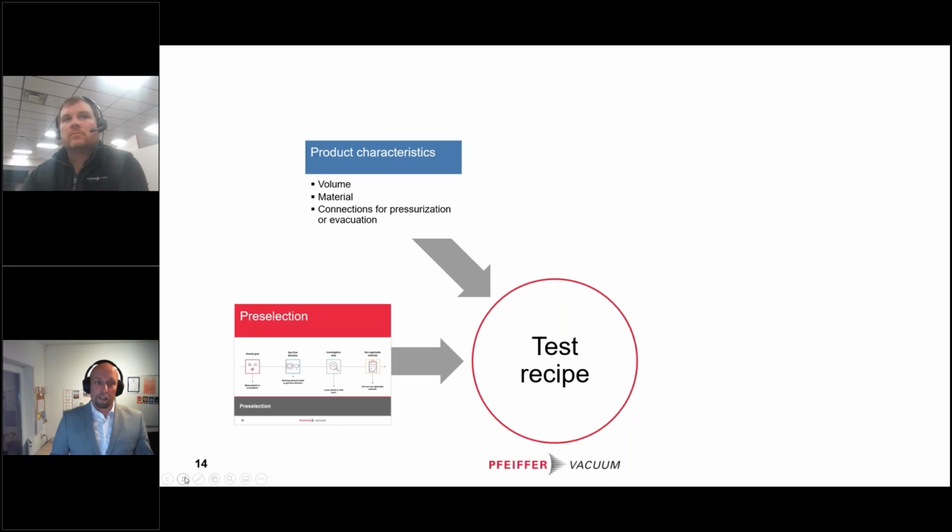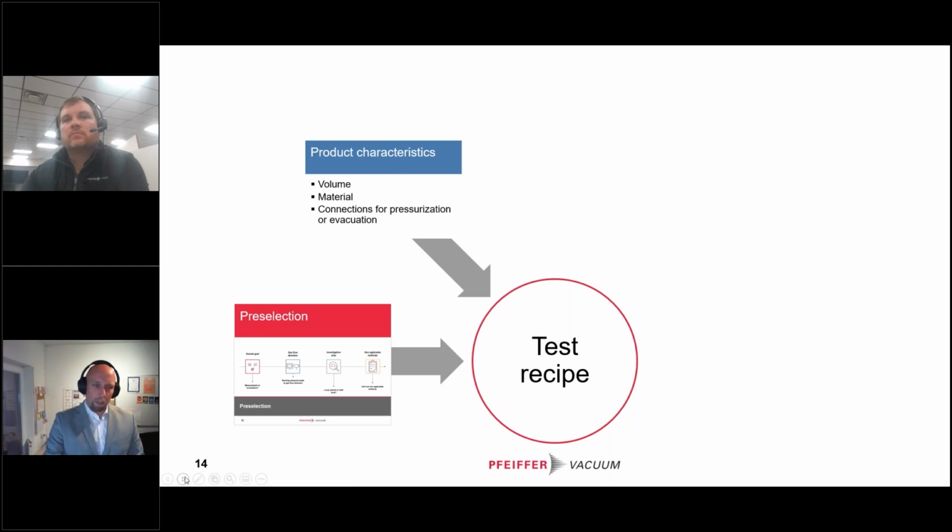And does your product have connections for the pressurization or the evacuation of the part to enable it to overpressure for an air-based technique as well as for helium leak detection method? The volume is also crucial to define the chamber size, and the materials should be considered when you size the vacuum pumping group, as different materials have a different outgassing rate, which all contribute to the pump down characteristics or the total pump down time of your system.